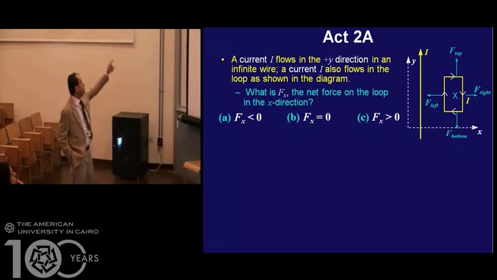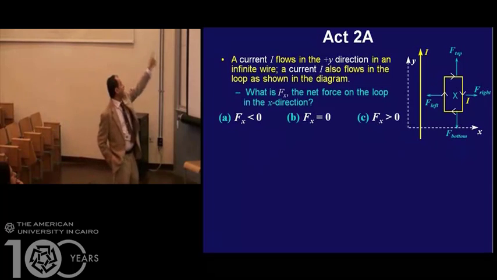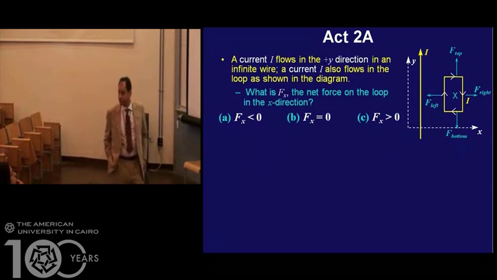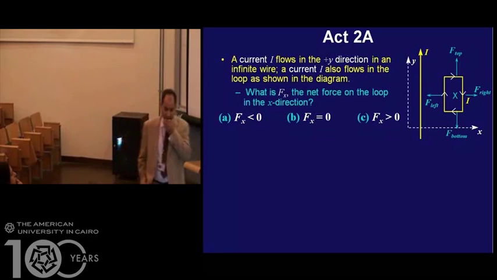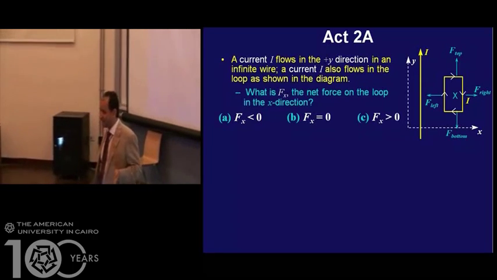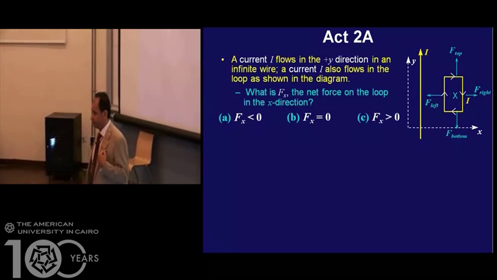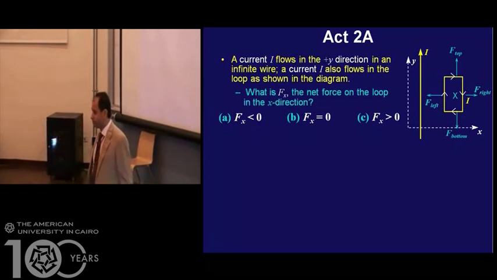Is that going to be positive, negative, or is it going to be 0? The net force along the X-axis on the loop.